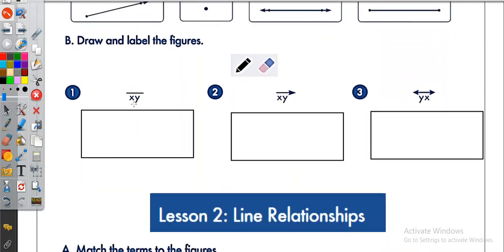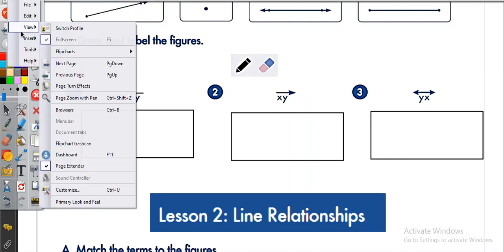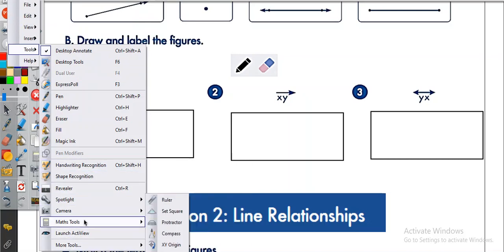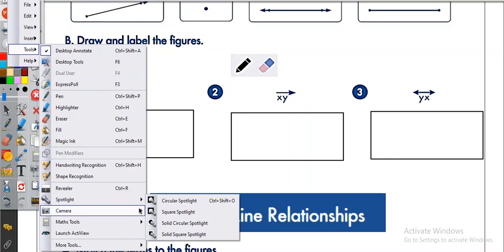He needs a XY. Well, what you're gonna do is to realize what is this. It is a line or a line segment or a ray. Yes, it is a line segment with end point and start point. So you will bring your ruler. Okay, math tools, you're gonna bring the ruler here.